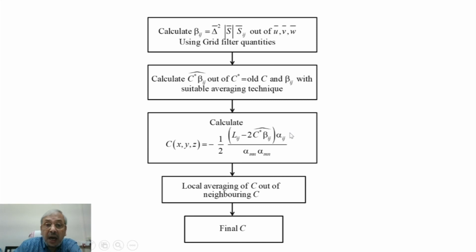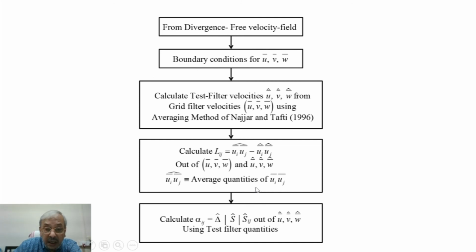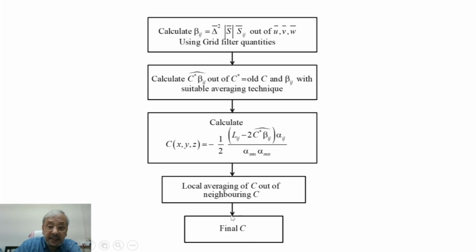These alphas, as you can see, are all evaluated using test level filters. Now we go for local averaging of C out of neighboring C and get the final C. And after having obtained the final C, if in any cell the value of C becomes negative, we have to apply the limiter C greater than or equal to 0.